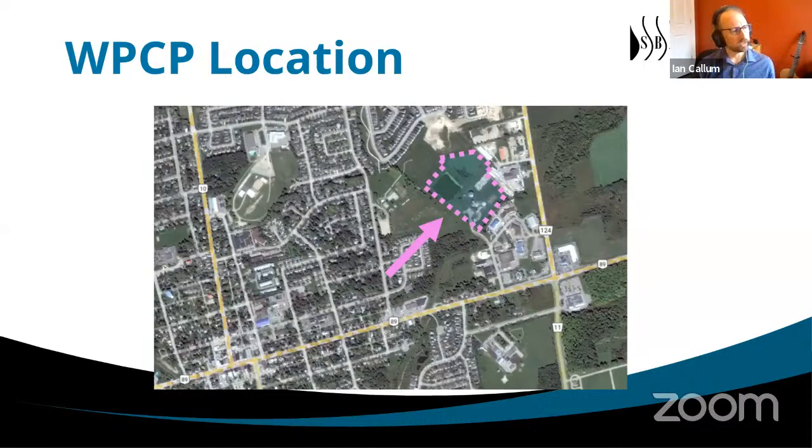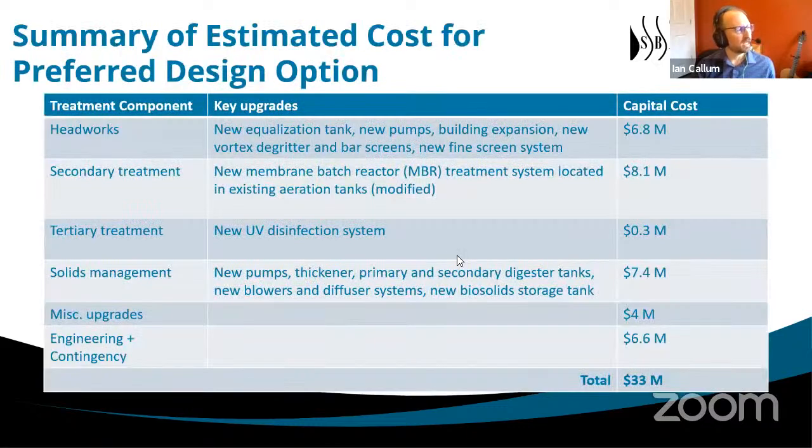So this map here just shows us where in the town of Shelburne the existing water pollution control plant is located. And in terms of the preferred design that we've come up with, based on our engineering and a weighted analysis that we undertook, these are the different parts of the process and the key upgrades that we're looking at moving forward with, and the associated capital cost of those upgrades.